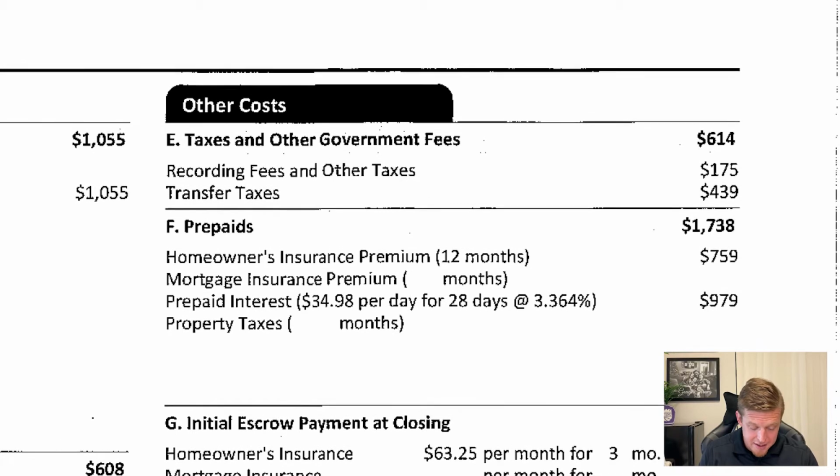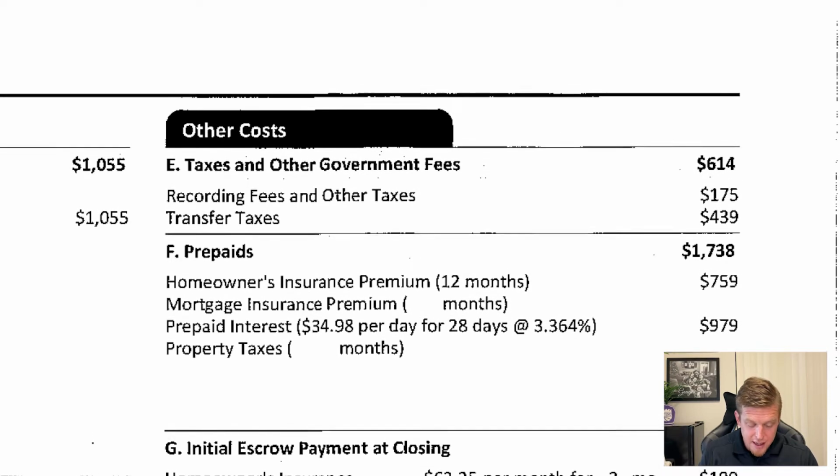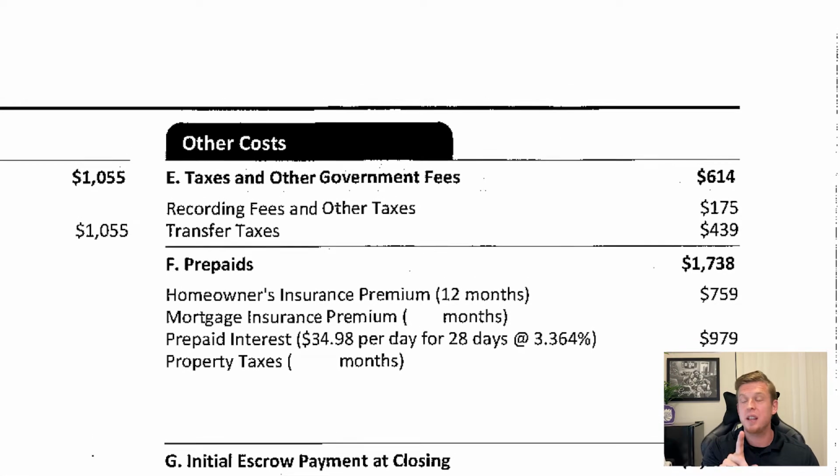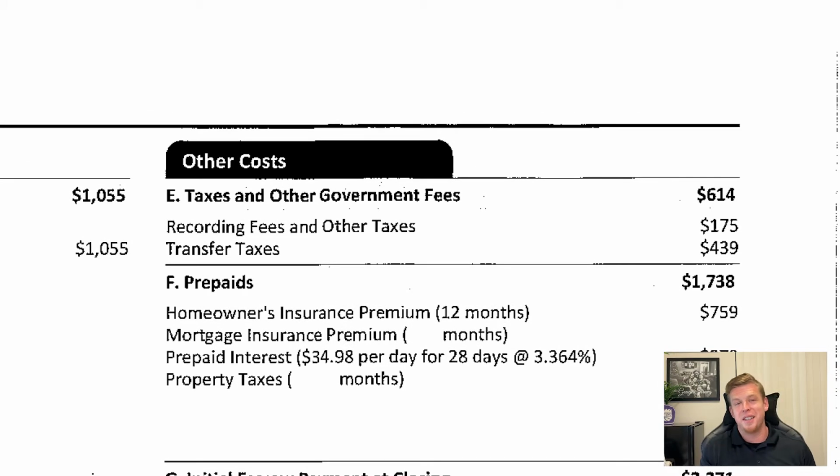So on the right, other costs, E, taxes and government fees. There's a $175 recording fee, and then there's transfer taxes. Now, here's something important to note. The way that most lenders send disclosures, let's say the seller's paying for the transfer tax per your contract. Let's say that the seller's paying for some of these title fees per the contract.